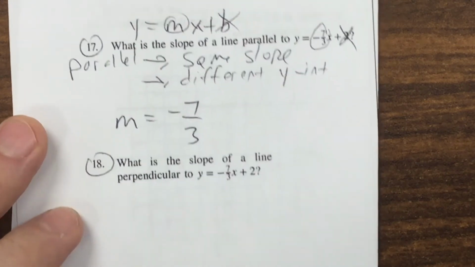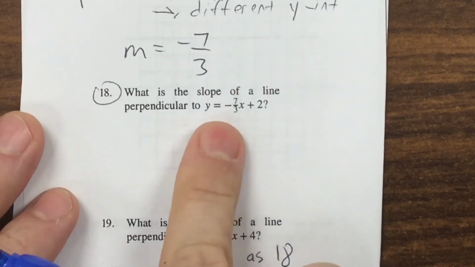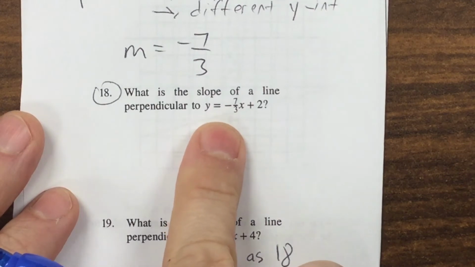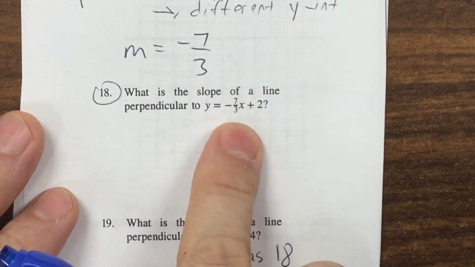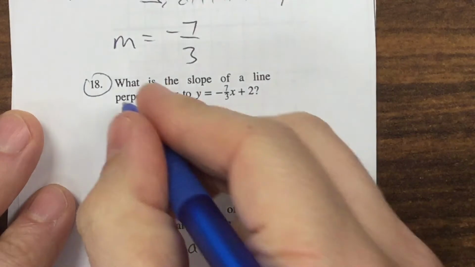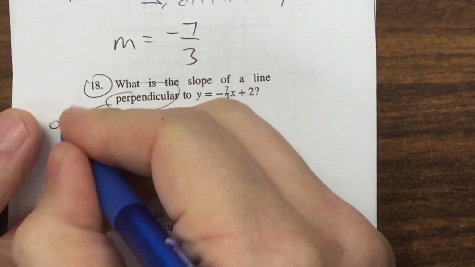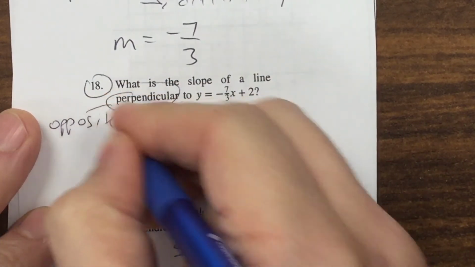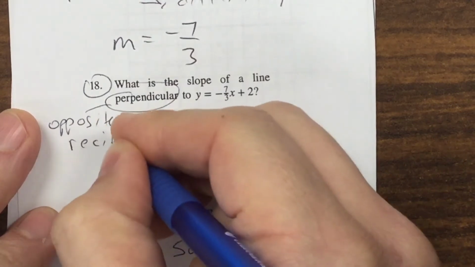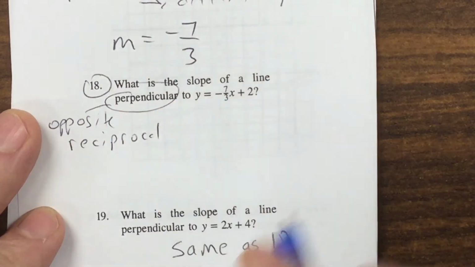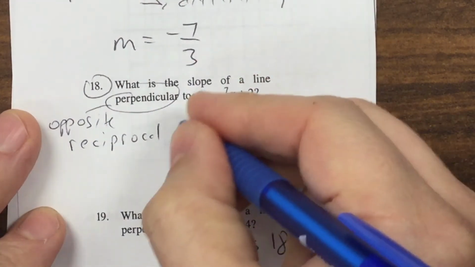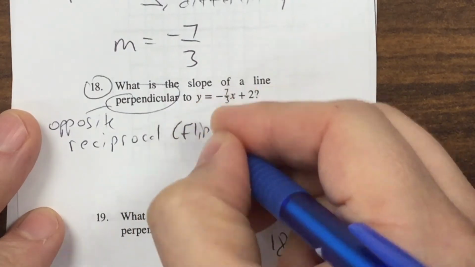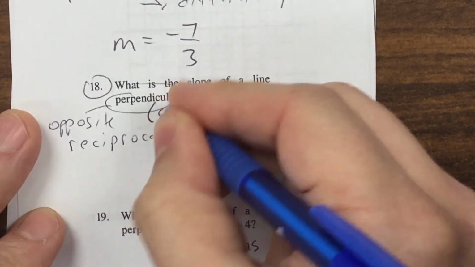Number 18, what is the slope of a line perpendicular to y equals 7/3 x plus 2? Same equation, but now perpendicular. Remember, perpendicular is opposite reciprocal, meaning you flip the fraction and you also change the sign.